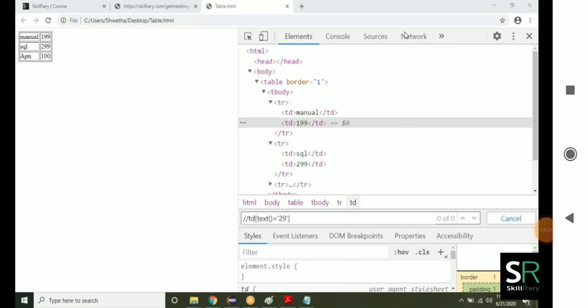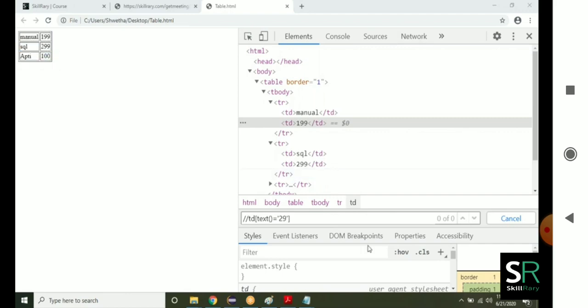Okay, guys, what is that? First, you have to identify the element. Which one is dependent? Which one is independent? Here, the SQL book is not going to change, so it is the independent element. Price 299 is the dependent element. It depends on this SQL.